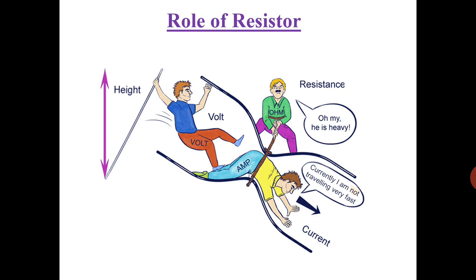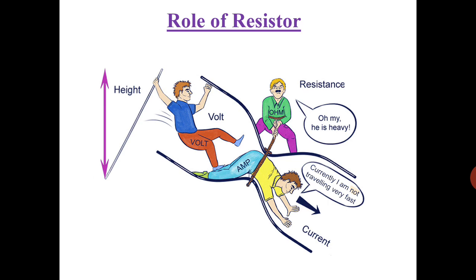The person in the yellow shirt is trying to move very fast from one end to the other end. Meanwhile, the violet guy is pushing the yellow guy from one end to the other, so the yellow shirt guy moves fast enough. But simultaneously, there is a third person on the top doing the opposite action.